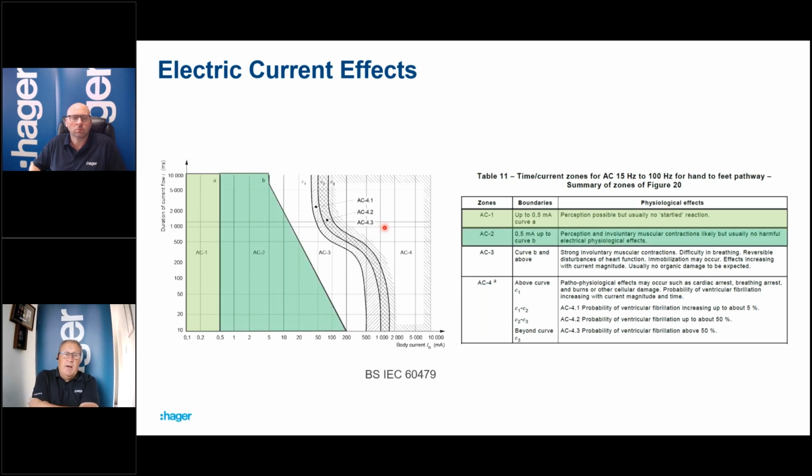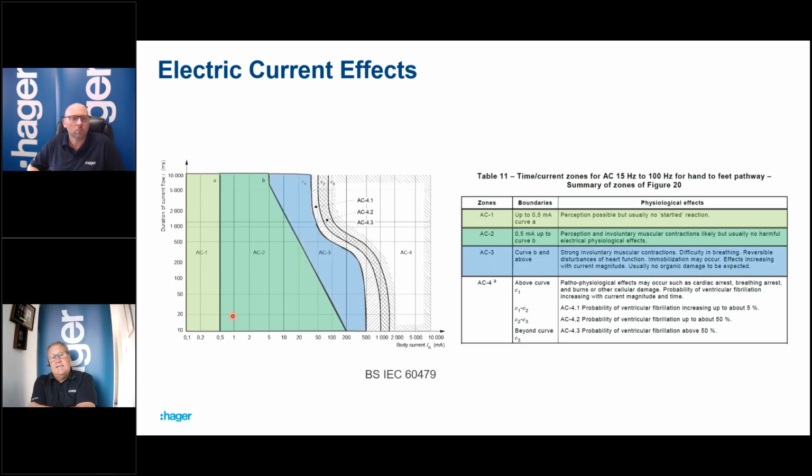However, going up into AC2, there could be some effects, there should be some muscular contractions, we can get to a point where your muscles contract and you have this no-let-go threshold, but essentially it shouldn't really cause any long-term harm if we could stay in zone AC2 here. Now you can see that goes all the way up to 200 milliamps, but for very low duration.